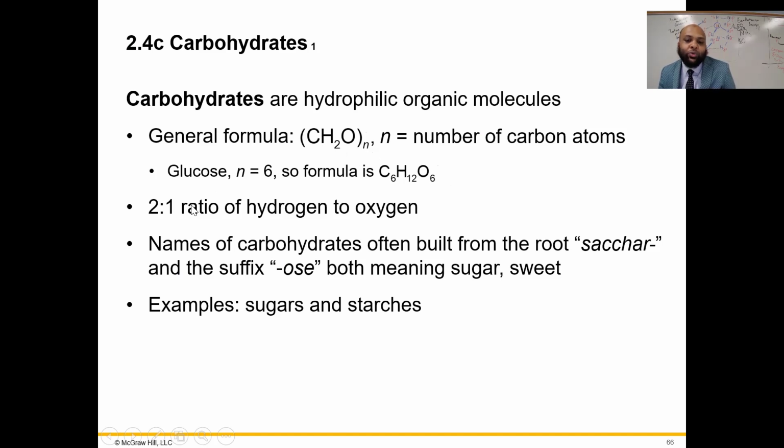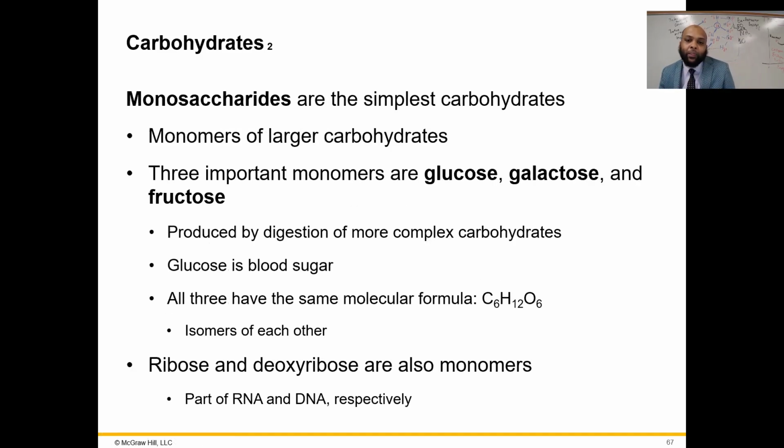There's always a 2-to-1 ratio of hydrogen to oxygen. Fructose, sucrose, lactose, these are the carbohydrates. They end in -ose and have the formula (CH2O)n. They are made up of monosaccharides.